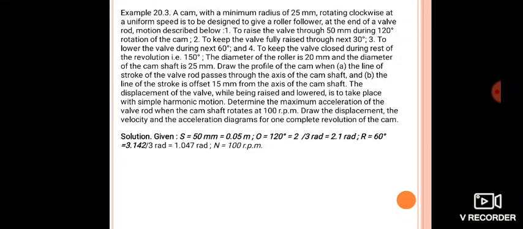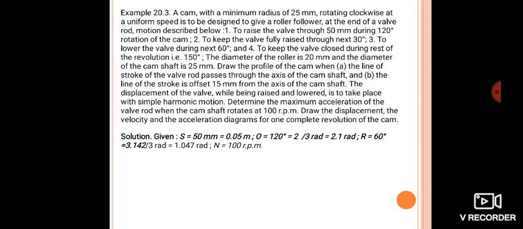Draw the profile of the cam when (A) the line of stroke of the valve rod passes through the axis of the cam shaft, and (B) the line of stroke is offset 15 mm from the axis of the cam shaft. The displacement of the valve while being raised and lowered is to take place with simple harmonic motion.